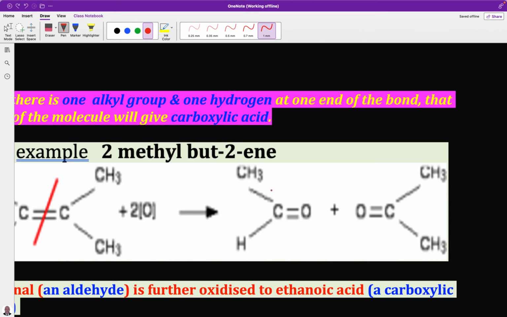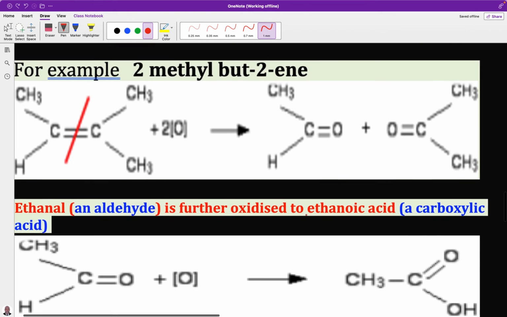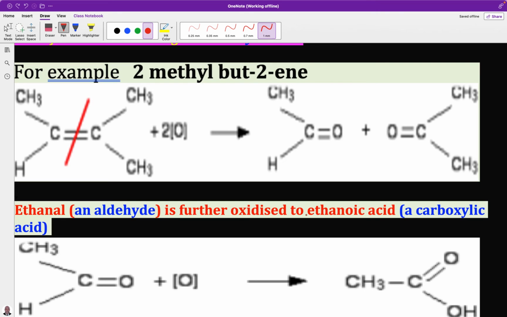Why? Because this part of the molecule, which is an aldehyde, in this case ethanal, will be oxidized. Ethanal will be oxidized to what? To the carboxylic acid, which is ethanoic acid. So that is just a simple explanation.